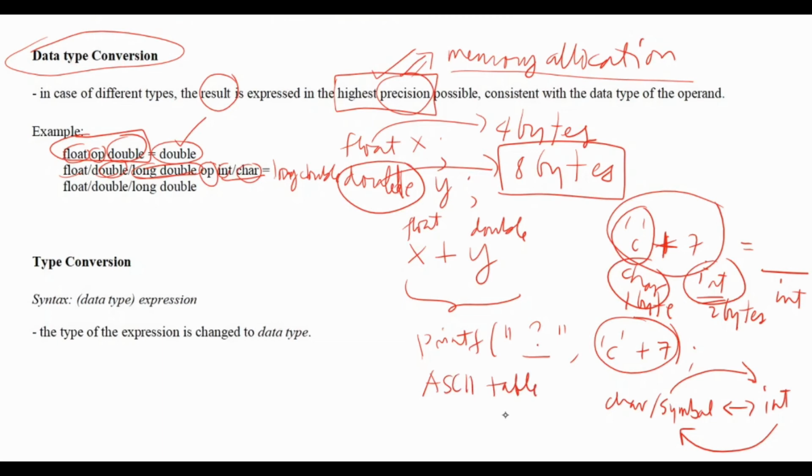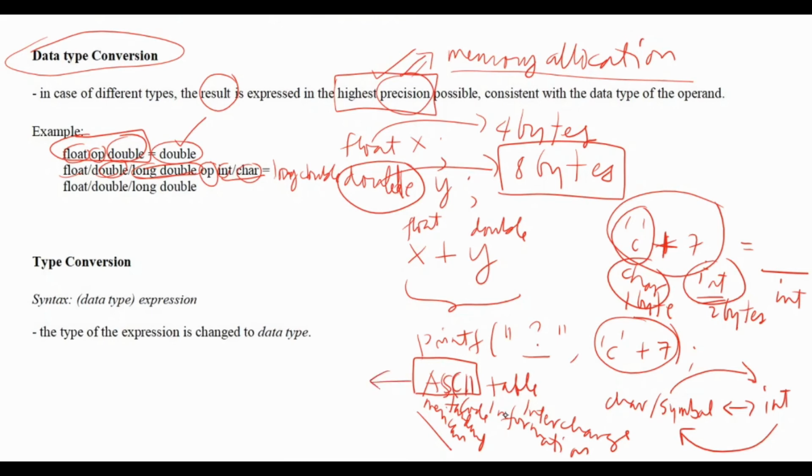ASCII is an acronym that stands for American Standard Code for Information Interchange.